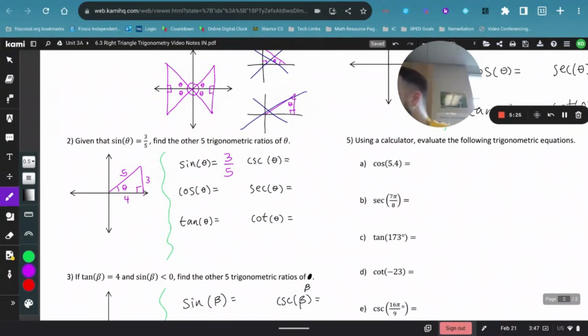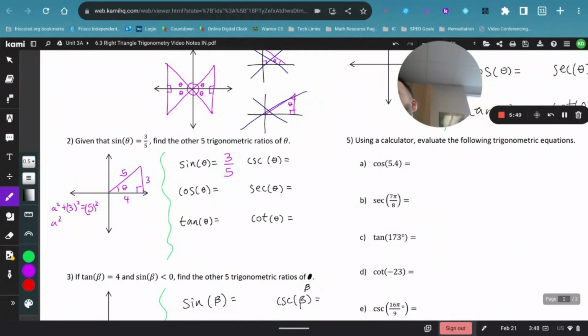If you don't know your Pythagorean triples, then we can still use the Pythagorean theorem to solve for that unknown side. So in this case, I don't know 4, so I'm going to do 3 is my b, 5 is my c, so a squared plus 3 squared is equal to 5 squared.